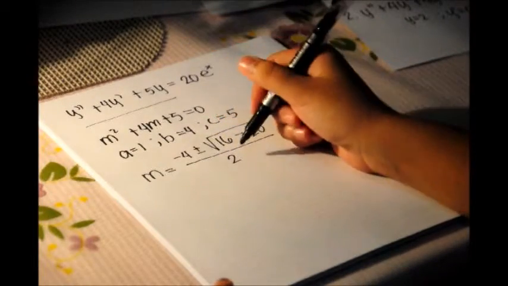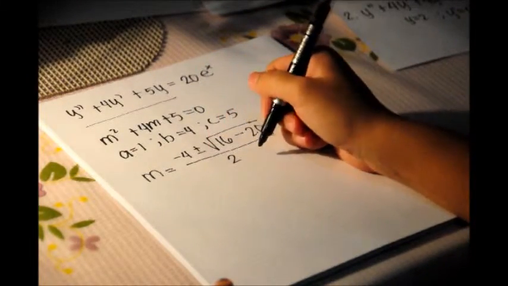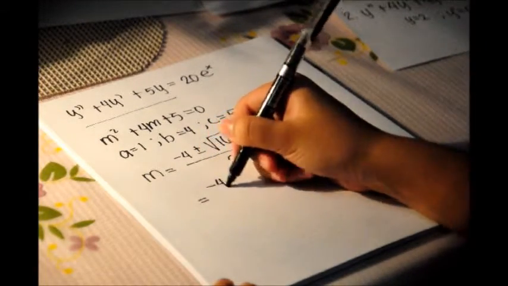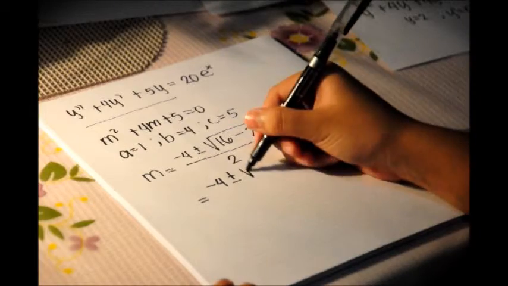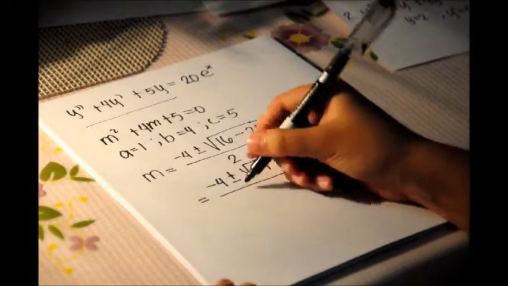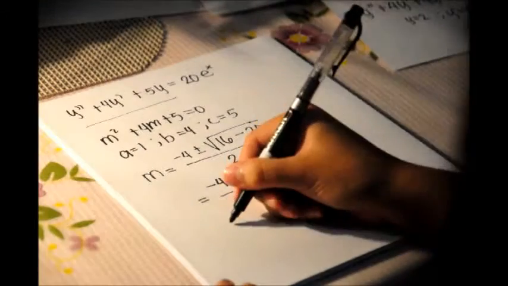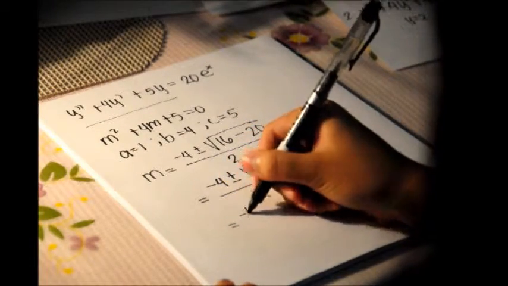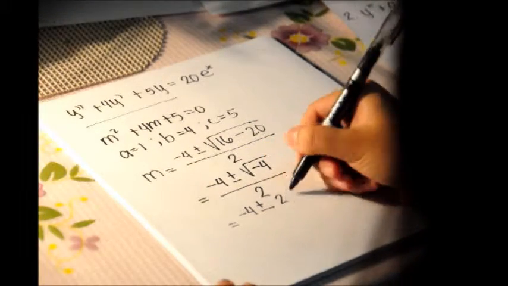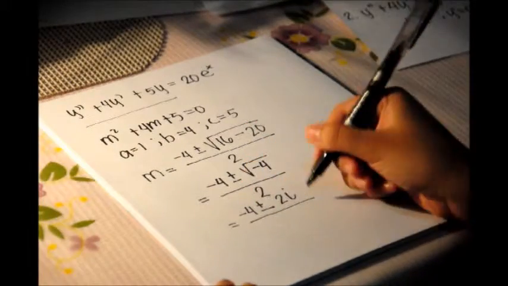Since a is 1, it will be just 2 here. So this becomes negative 4 plus minus square root of negative 4 all over 2, which is also equal to negative 4 plus minus 2i over 2.